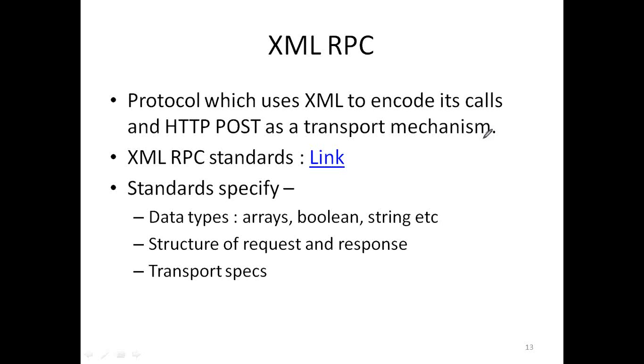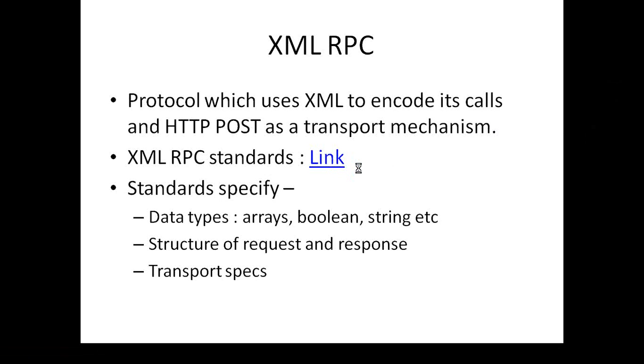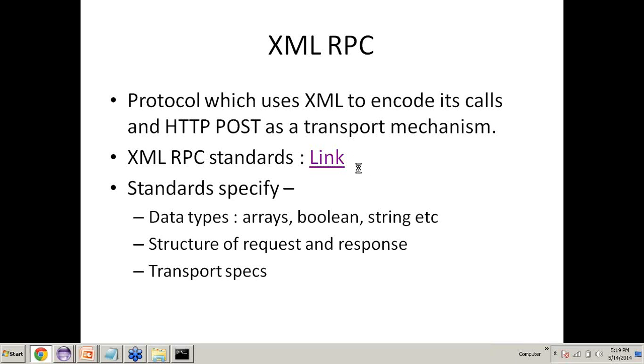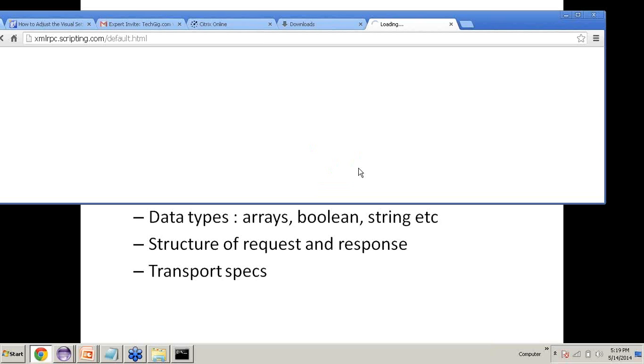So XML standards have been can be found over this link. So I'm clicking on this link. So these standards specify some data types like arrays, boolean, strings, and what should be the structure of request and response.